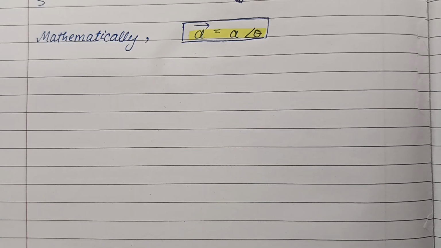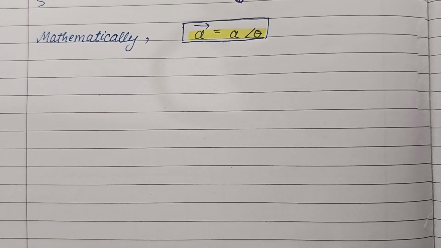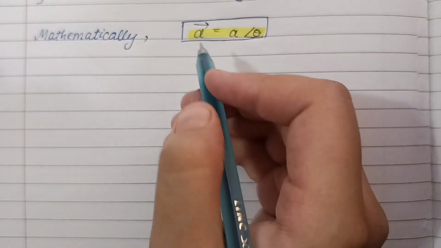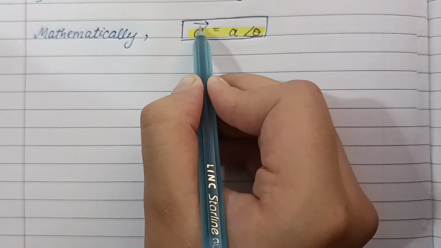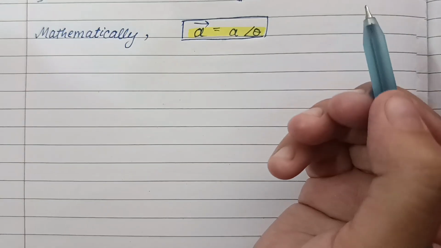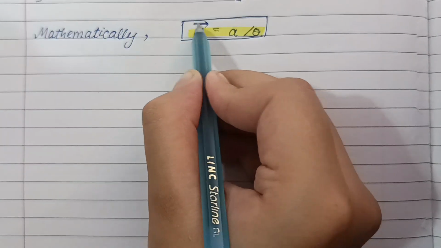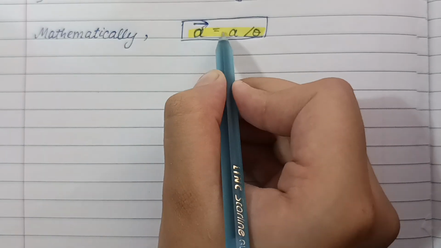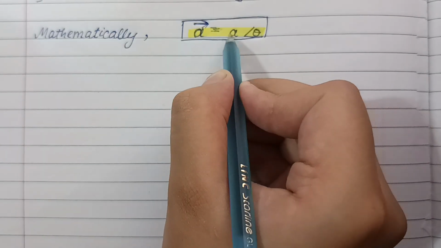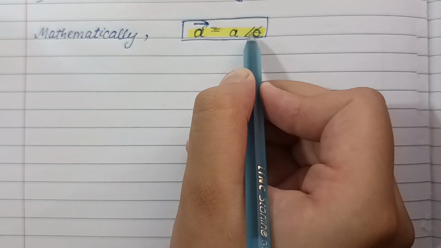Mathematically, we can represent a vector through this formula. Let's say it is a vector A. We represent a vector by this arrow. So, vector A is equal to A angle theta.